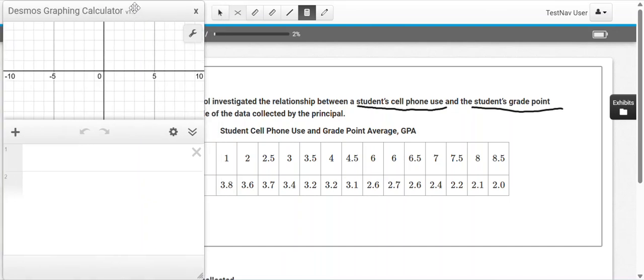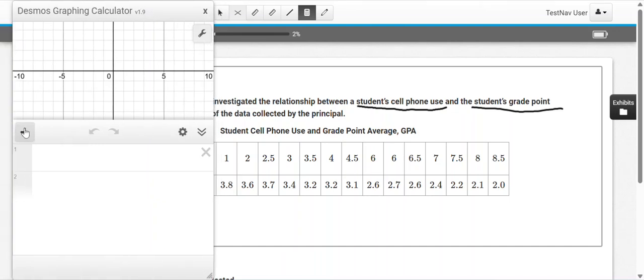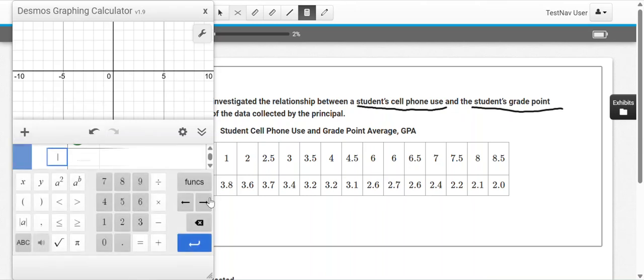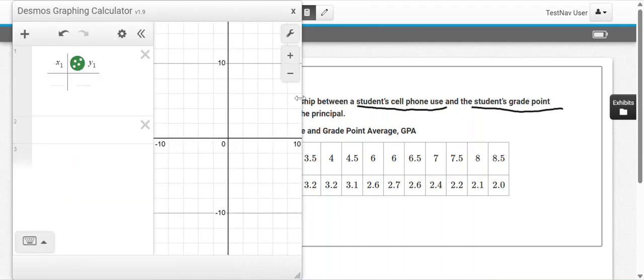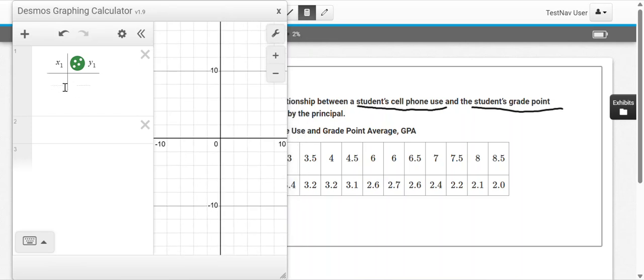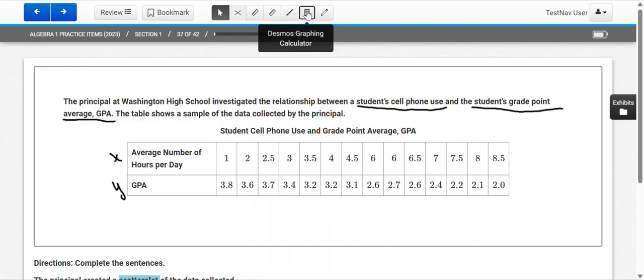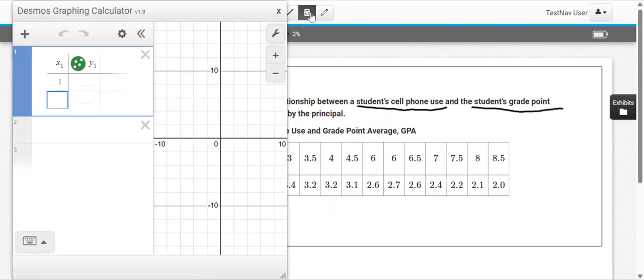But let's see. I'm going to go ahead and put this data here. I'm going to press the plus button, table, and here's my table of values. I think I will go ahead and make it a little bigger. All right, so my x values are 1, 2, 2.5.